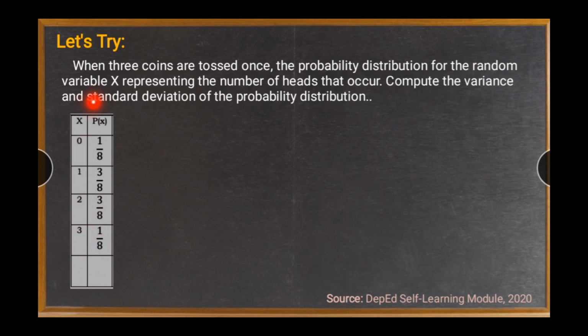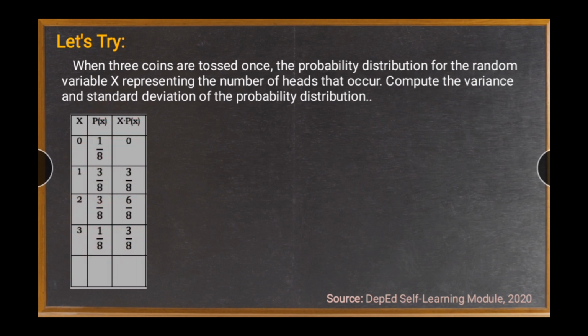Of course, for your solution, the same thing. Just copy. By the way, this is the given random variable and probability function. Just copy it. Again, what's next? Just multiply. That's correct.